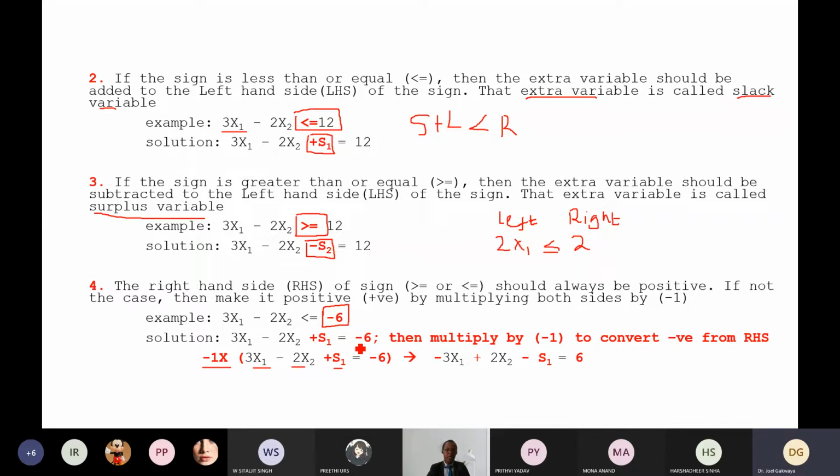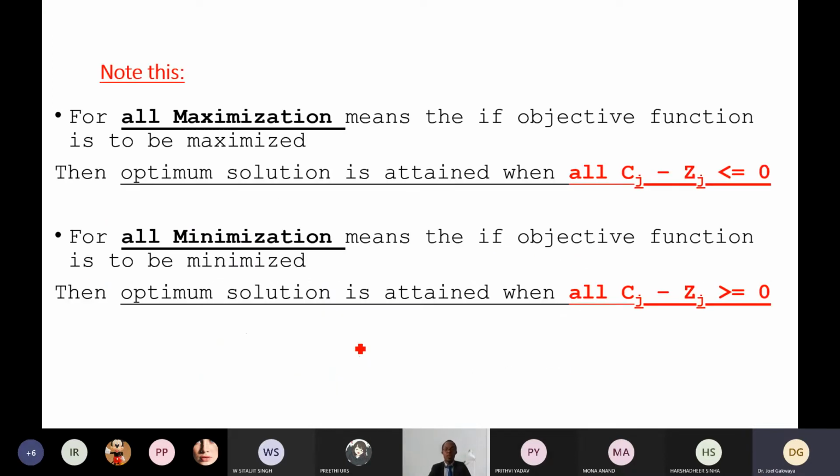You get it? So these are the important points to understand when you want to formulate a simplex method table to find the optimal solution. Okay? Another important point to note. These points are also very important. It says, for all maximization, what does it mean?